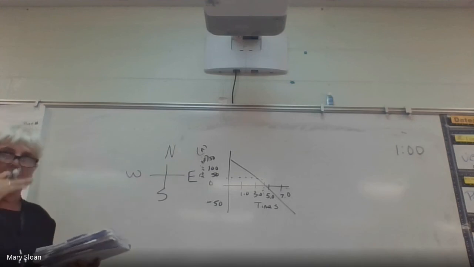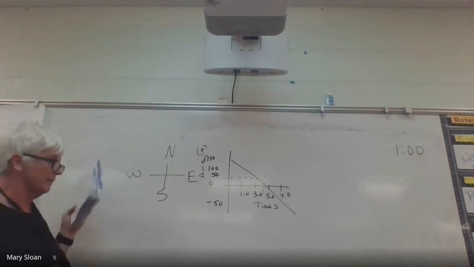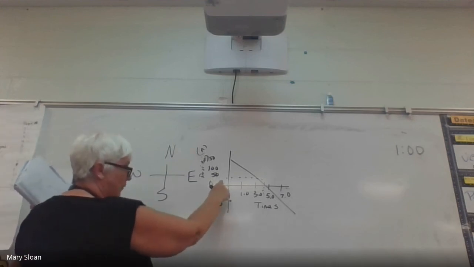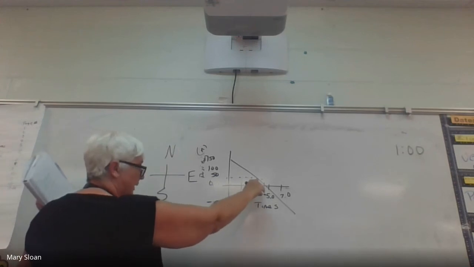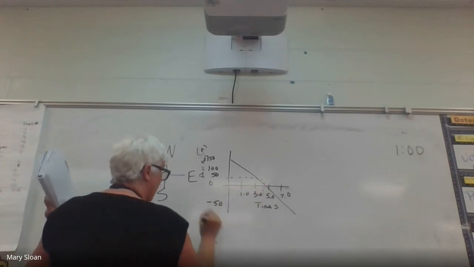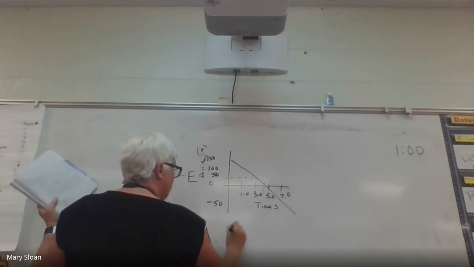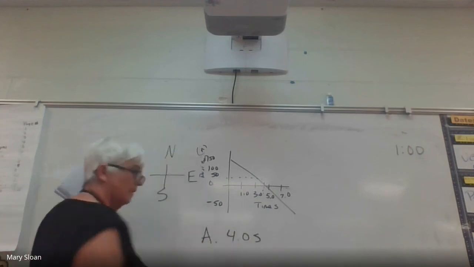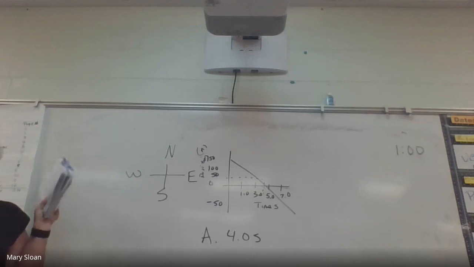I have 4.0 seconds. I took my 25 where I thought it was, I drew it to my line, right, guys? And I drew it down. So the answer to question 1, I got 4.0 seconds. Do you see how I got that? I was just using the graph and reading it.